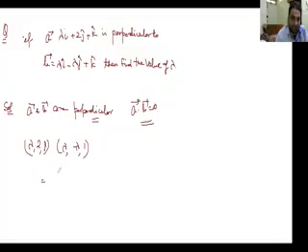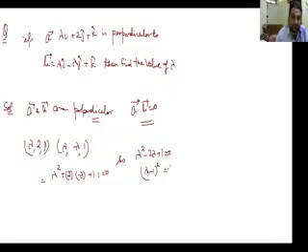Let me take another example. Question. A and B are collinear. If A and B are collinear, I will solve it in 2 ways. Now you see.